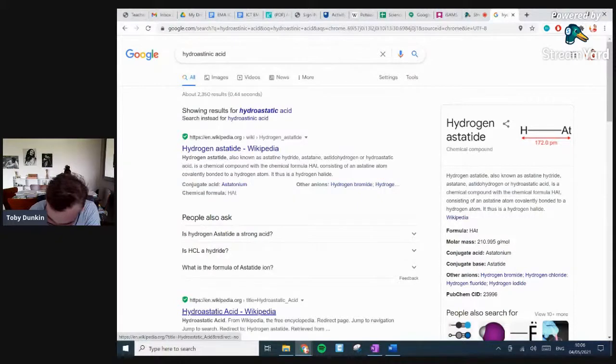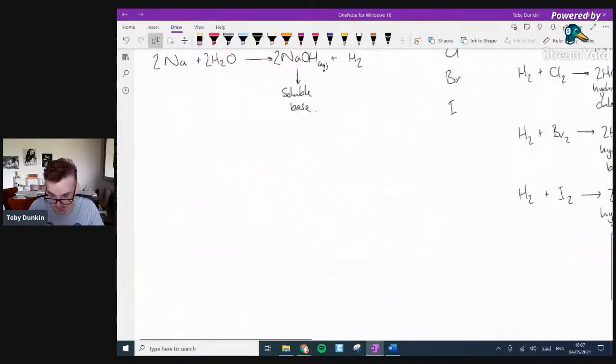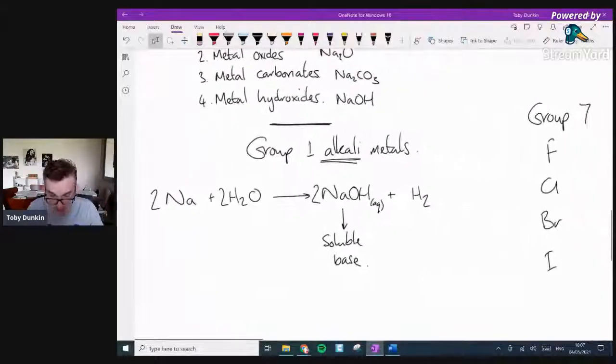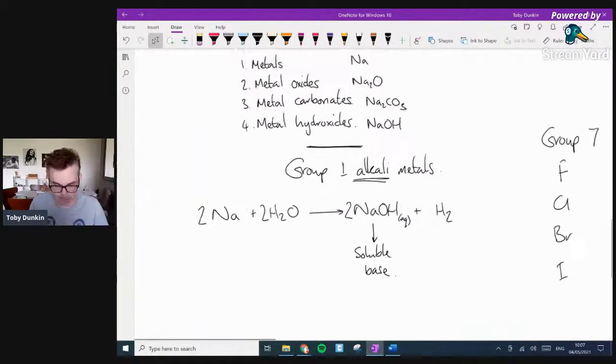Hydrogen astatide. Well, isn't that cool? So it would become in water hydroastatic acid. Isn't that clever? Interesting. So it does exist, but very rare. As I said, it holds the world record for the least number of atoms of that element on the planet. It's kind of cool, that Guinness Book of World Records.